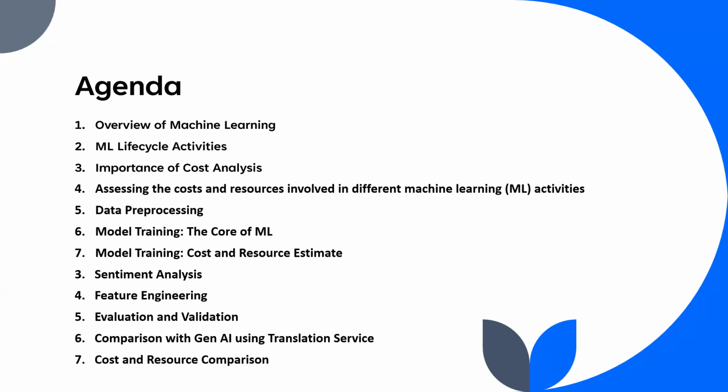We're going to discuss data pre-processing, model training, sentiment analysis, feature engineering, evaluation and validation. These are the major steps while coming up with an ML model or while implementing ML lifecycle. After we have visited these steps, we are going to compare the ML model building with implementation using Gen AI services. And then we're going to discuss the cost and resource comparison.